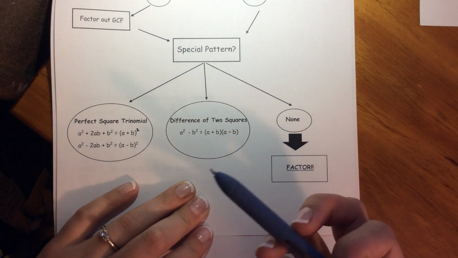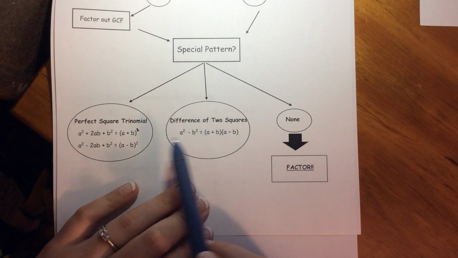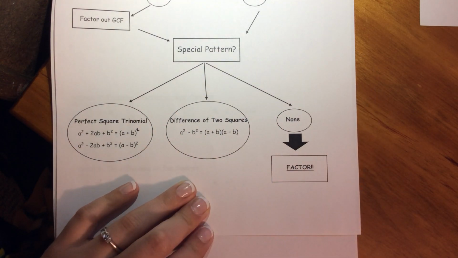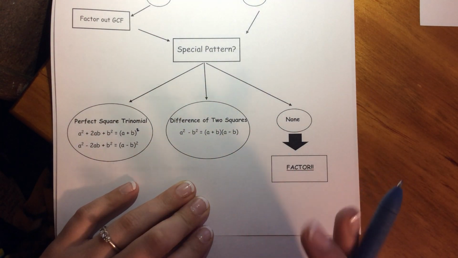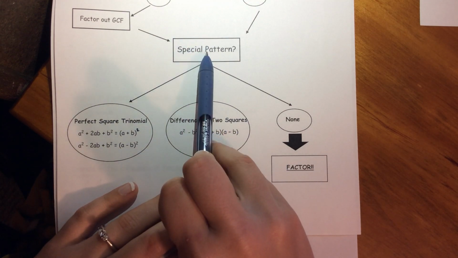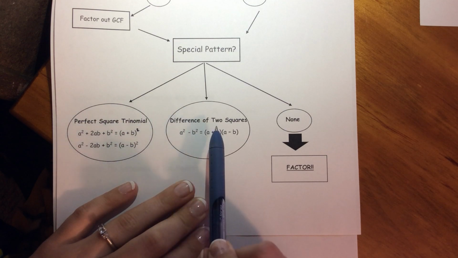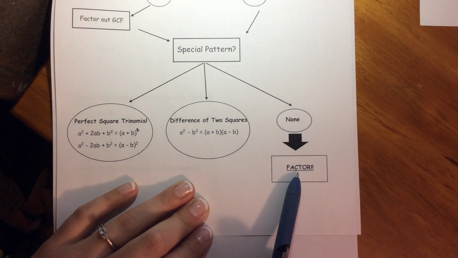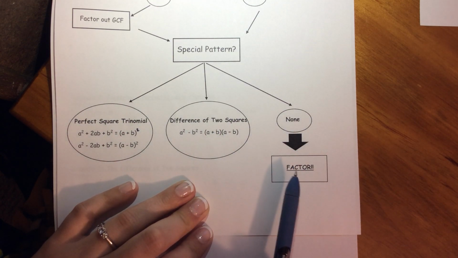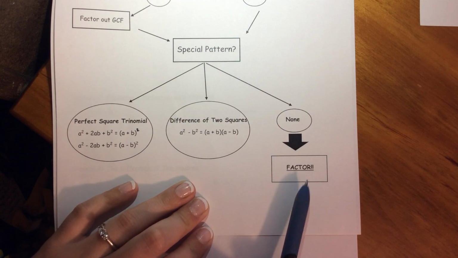And again, we're going to go through a couple of examples here in a few minutes, but I just want to show you this roadmap in this little diagram. If it doesn't have a special pattern, so the answer is none, it's not a perfect square trinomial, or it's not a difference of 2 squares, then you're just going to factor. And we're going to talk about what that means as well and what it means to just straight factor.